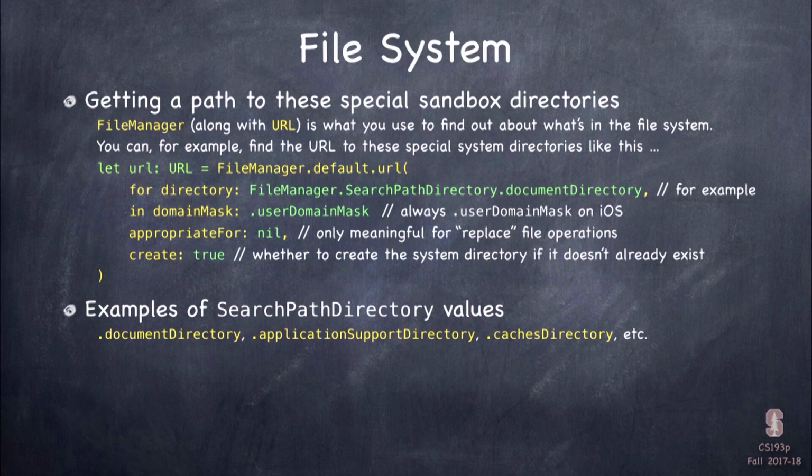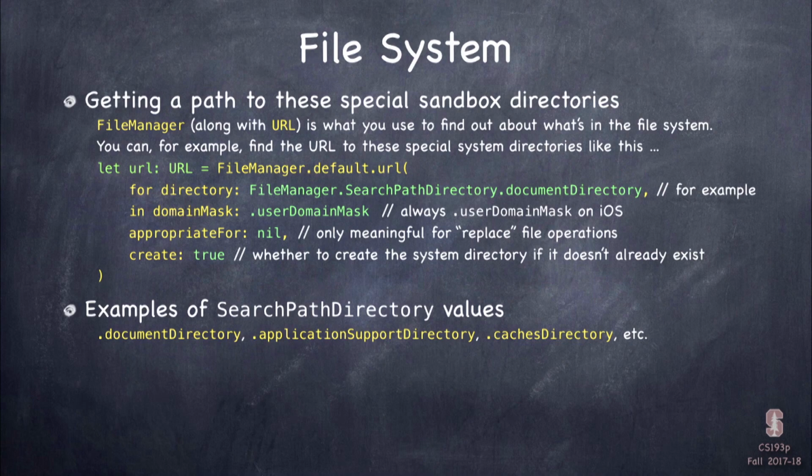So this one is called url(for:in:appropriateFor:create:), with a domain mask. Okay, so let's look at these arguments. The for directory is the sandbox directory you want, like the document directory, the caches directory, the application support directory. Okay, that's there, and it's specified via an enum here, and I'll show you some examples of what they are at the bottom. You can obviously go look it up in the documentation, what's available there.